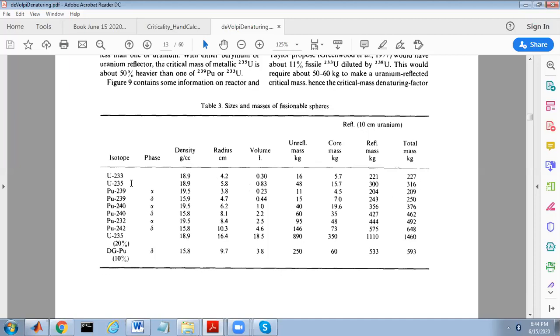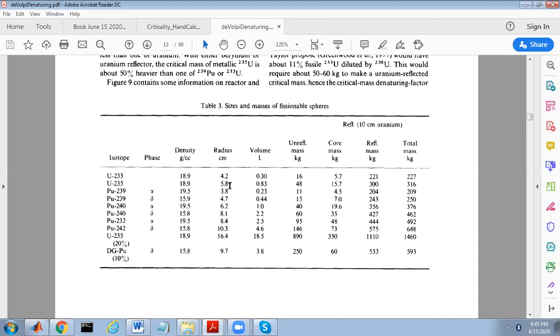Okay, let's look at the bare U-235 first. This is Godiva. This would have been Godiva if this was not there. Remember, Godiva had an 8.71 centimeter radius. Now it's reduced from 8.71 to 5.8 by the reflection of 10 centimeters of uranium surrounding it.